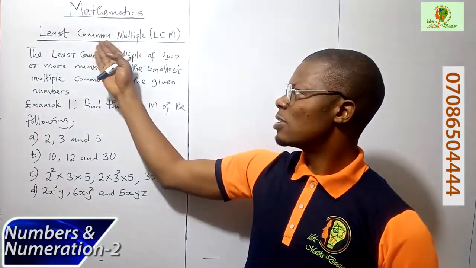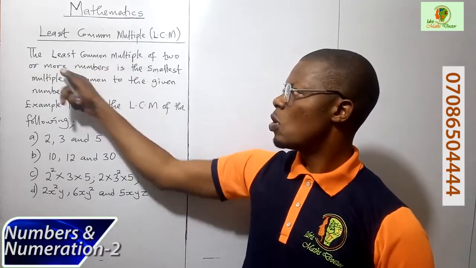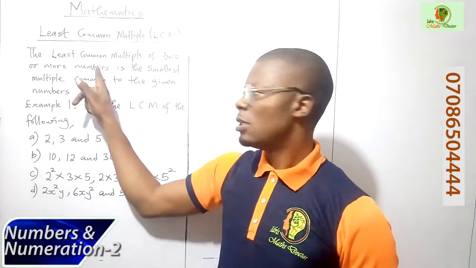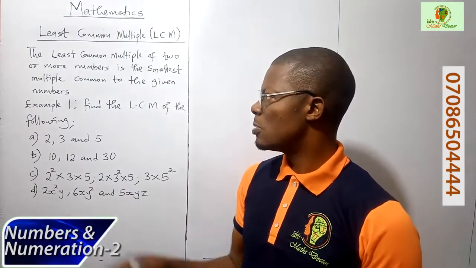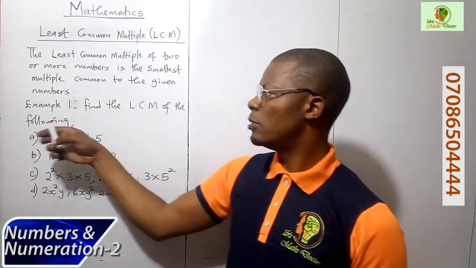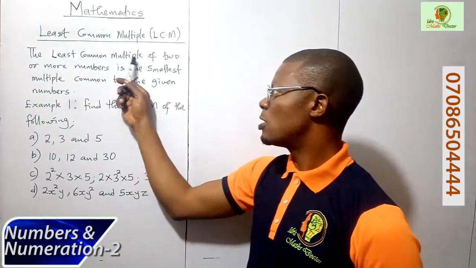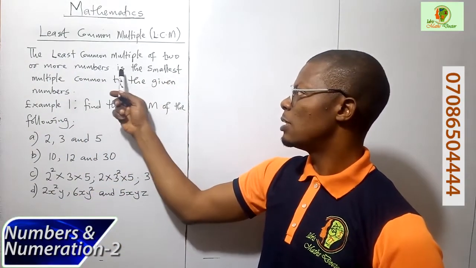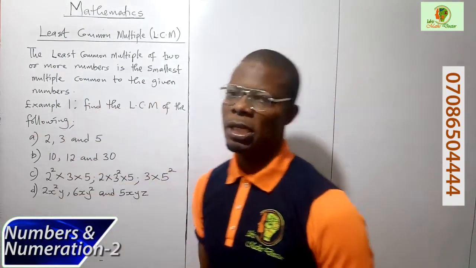What do we mean by least common multiple? The least common multiple of two or more numbers is the smallest multiple common to the given numbers.